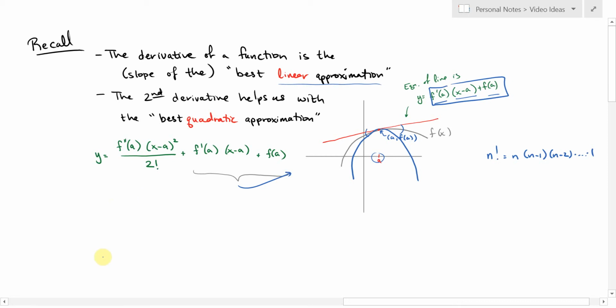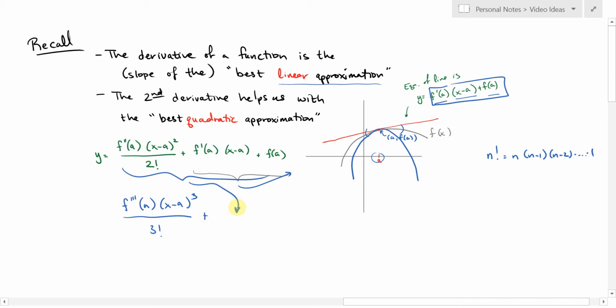So then you can continue playing this game. You can say, well, best quadratic approximation is nice. Maybe I could do even better if I allowed a cubic approximation. And then the equation there would be f triple prime of a times (x minus a) cubed all over 3 factorial, plus, and it's just all of this.